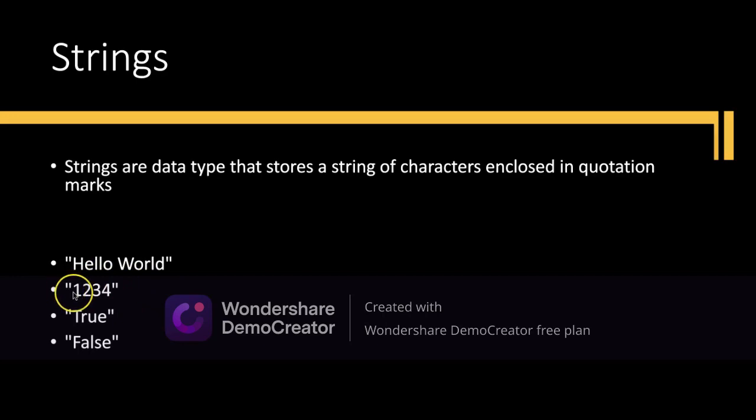And this next example here, although this could be a number, 1234, you see that it is enclosed in quotation marks, which makes it a string instead of a number.